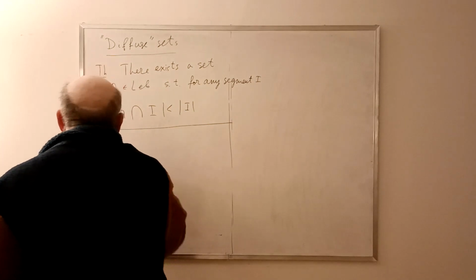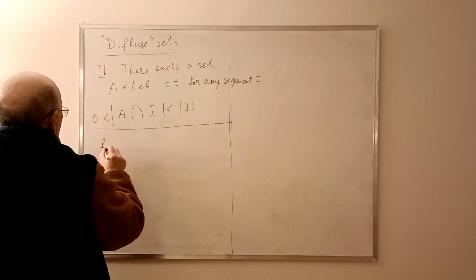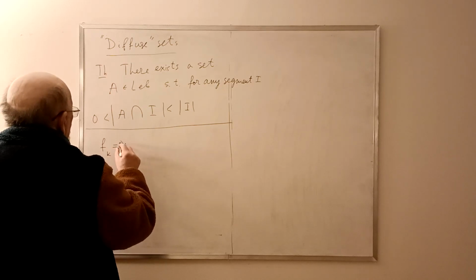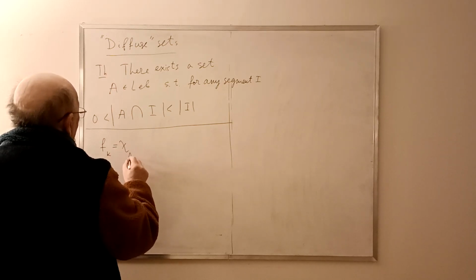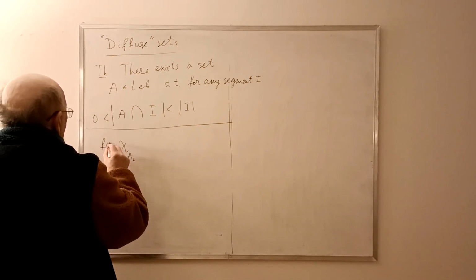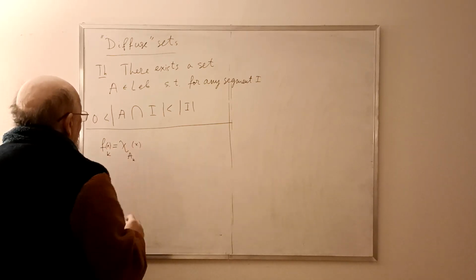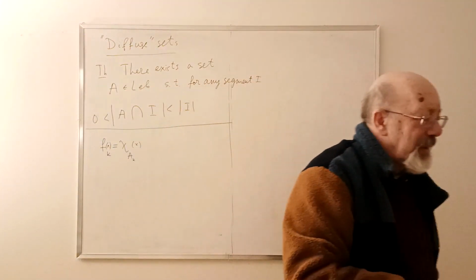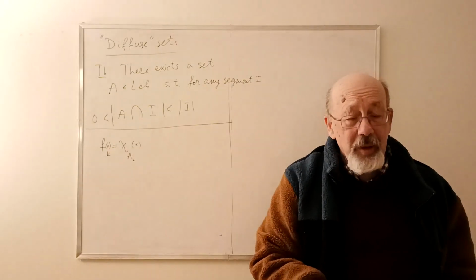Fk is the characteristic function of the set Ak, say, of x. Now I construct it as a limit.